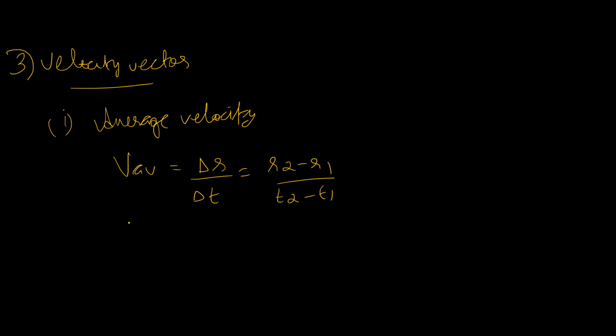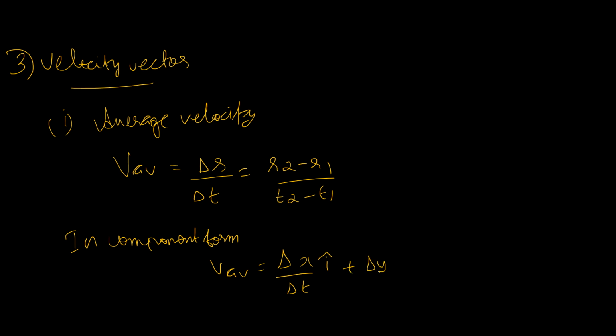See, simple. Average velocity can be expressed in component form like this: v_av equal to delta x by delta t i cap plus delta y by delta t j cap.